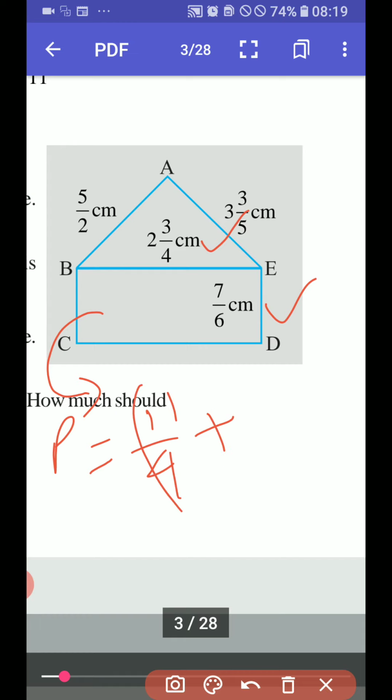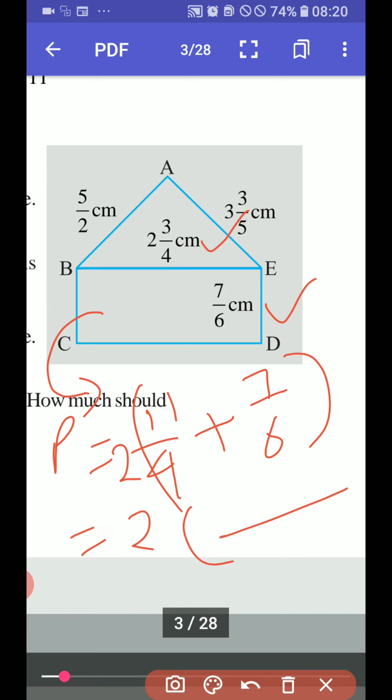You will take the LCM of 4 and 6, which is 12 because 12 is divisible by 4 and 6. 11 times 3 is 33 plus 7 times 2 is 14.